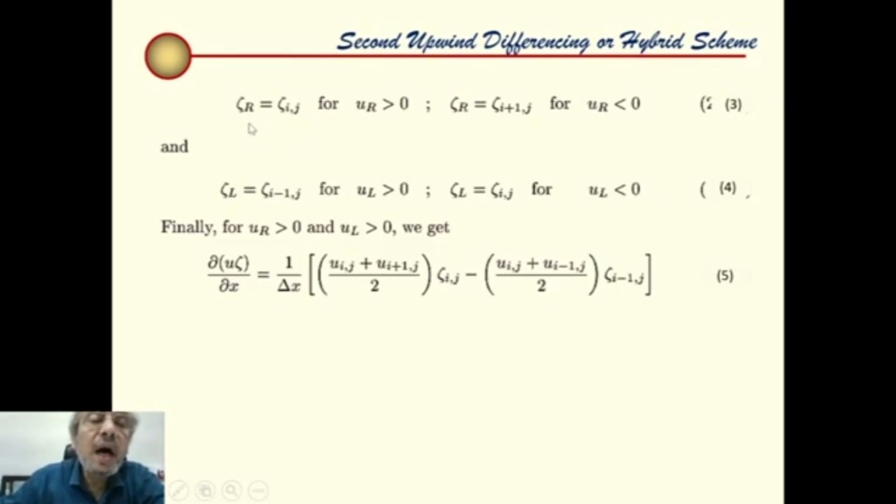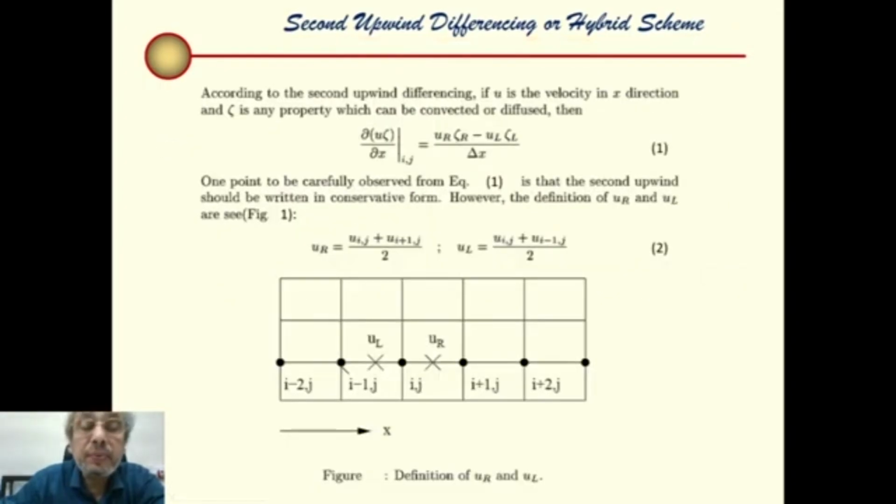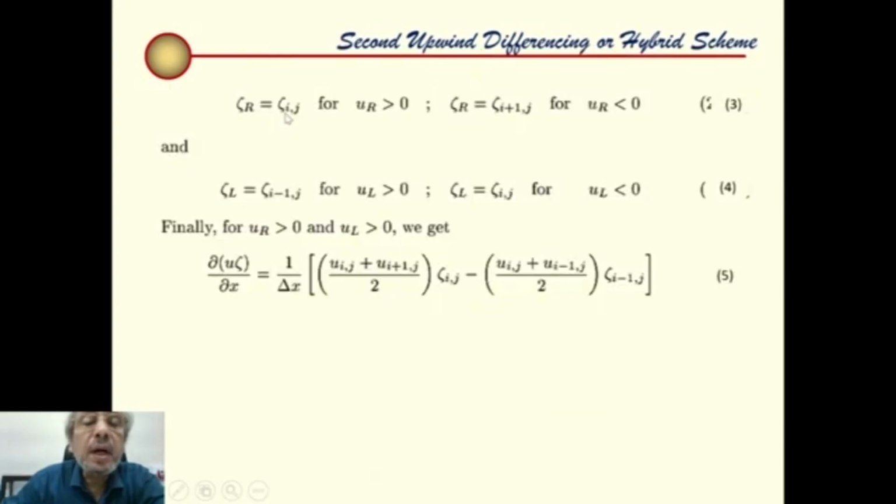Now zeta_r: we'll apply the philosophy of upwinding. Zeta is being transported, so if u_r is positive, then zeta will be taken at the point in the upstream direction.